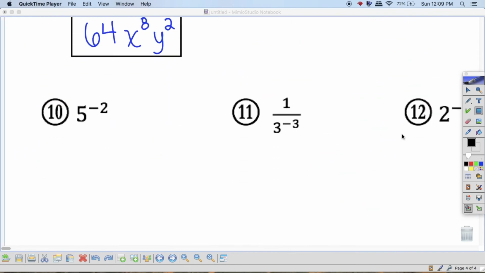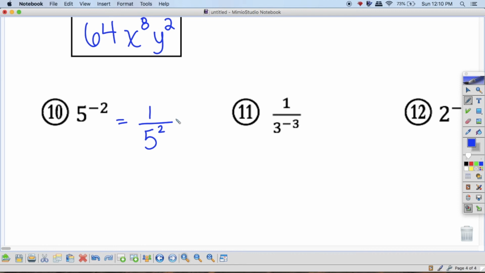Okay, let's look at 5 to the negative 2 power. We said a negative exponent moves across the line and changes the sign. Right now there's no fraction line, it's technically over 1. Okay, so this would move to the bottom. It would be 1 over 5 squared.